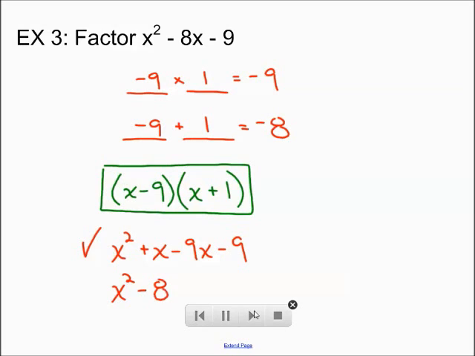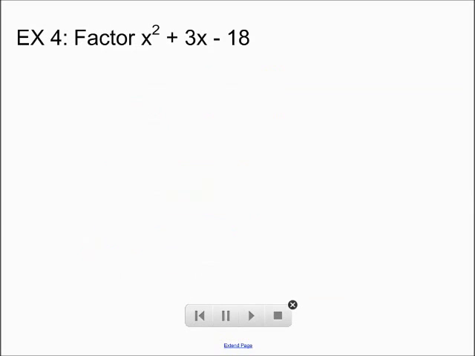x minus 9x is -8x when you combine like terms. Alright, so now we're looking for factors of -18 that add up to 3. Again, we've got a negative c value, so one of these values has to be negative. We have a positive b value, so the bigger one should be positive.